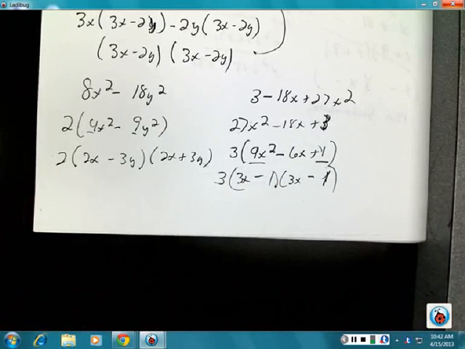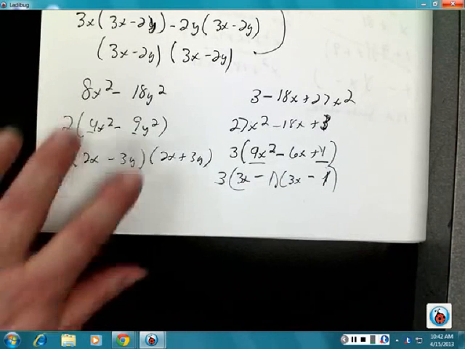So what if your first number is like a negative 9x squared? What would you do there? Then I would have pulled out a negative 3 instead of a positive 3. So it'd be negative 3 for both.